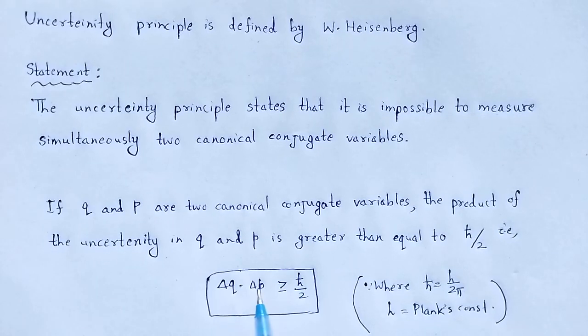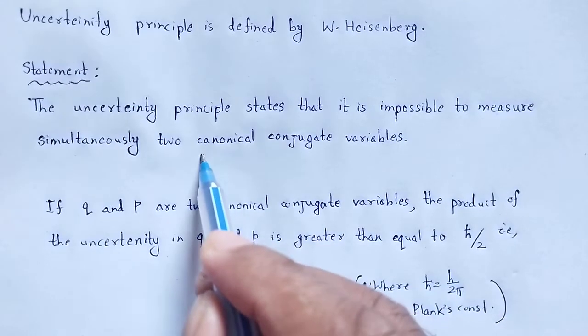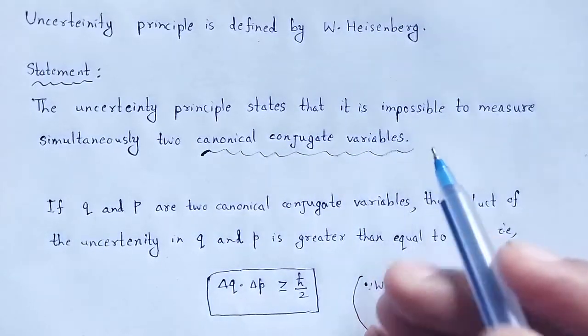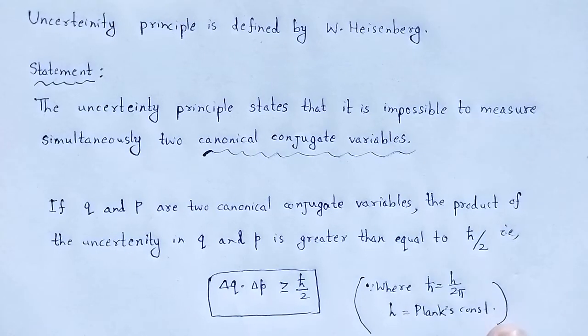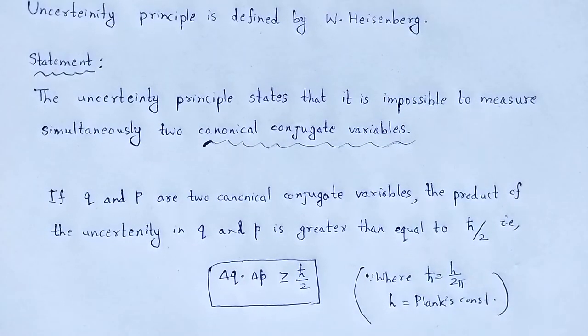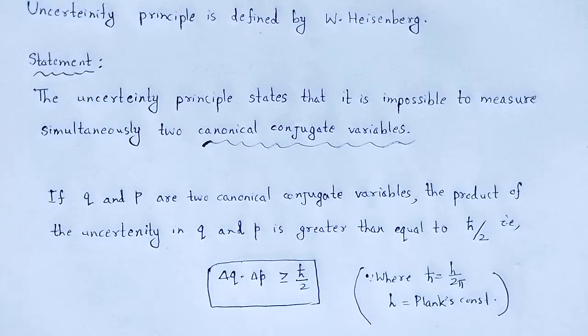Now, what are some physical quantities which come under the category of canonical conjugate variables? There are many canonical conjugate variables, like position and momentum, energy and time, and azimuthal angle and orbital angular momentum.